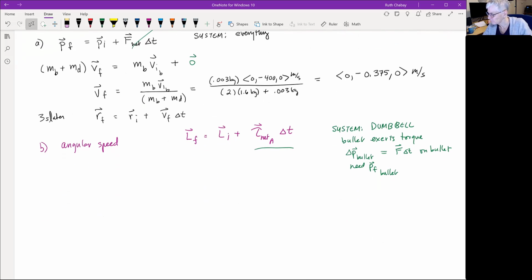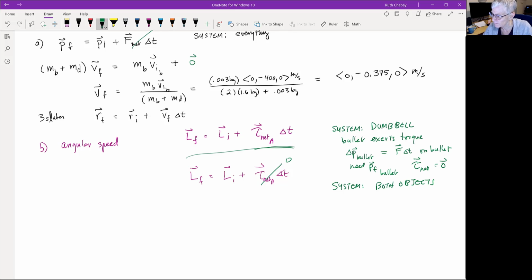A different approach. So that's okay, it's a completely legitimate approach. If we choose the system as both objects, then we're going to have the final angular momentum is equal to the initial angular momentum plus the net torque due to things outside the system, and now that's zero.